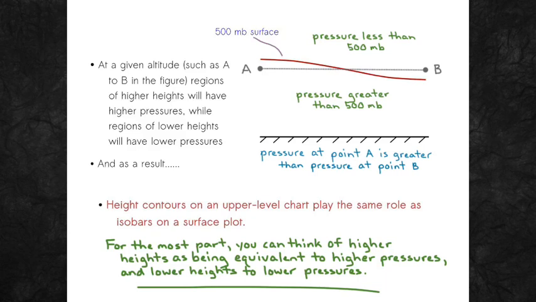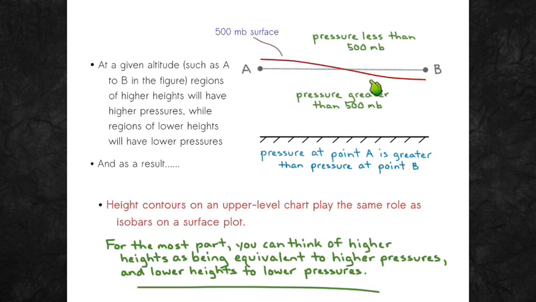Now I'm going to reinforce this point just a second. I've already said this, but I want to reinforce it because people often find this confusing. Again, we're not talking about higher heights where pressure decreases as you go upwards. We're talking about the same pressure surface. So everywhere along that surface, pressure has the same value, say 500 millibars. But when that surface is found higher above sea level than along your horizontal line, that's going to translate into high pressure.